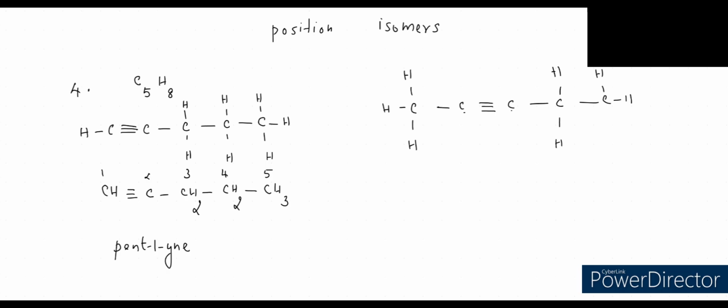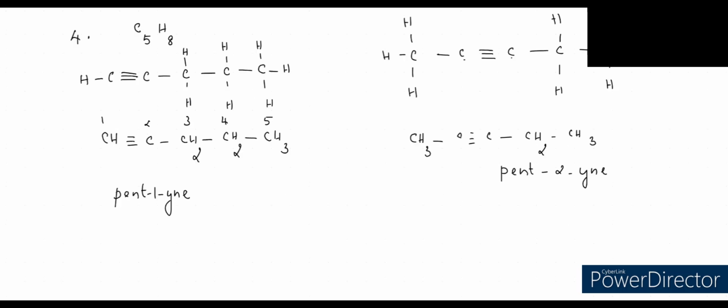Fourth carbon, there are 2 hydrogens. Last carbon, there are 3. So count again: 3 plus 2, 5 plus 3, 8. Yes. Now the condensed structure will be CH3, C triple bond C, CH2, CH3. And the name of this is pent-2-yne.